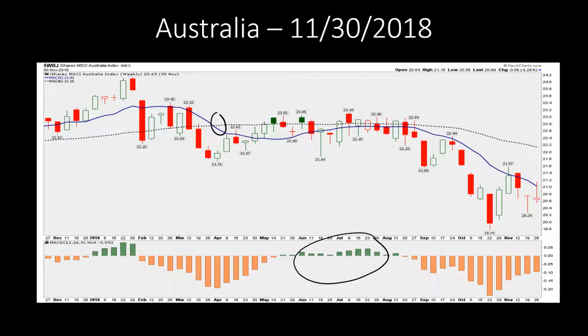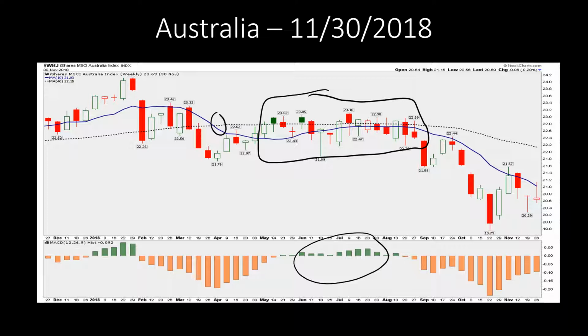But the key here is that the 10-week moving average could not get above its slower moving average despite positive momentum. Unfortunately for the markets from down under, a new downtrend began and further losses were sustained.